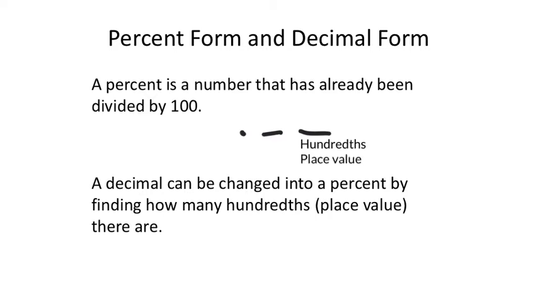So we're looking at the hundredths place value. That tells us how many hundredths there are, which would also be the same thing as asking what kind of percentage we're looking at. That may not make sense, and it doesn't matter if it does or not, as long as you understand that a percent is a number that's already divided by 100, meaning that if you have a percent, something like, let's say 63%, and there's our percent symbol.